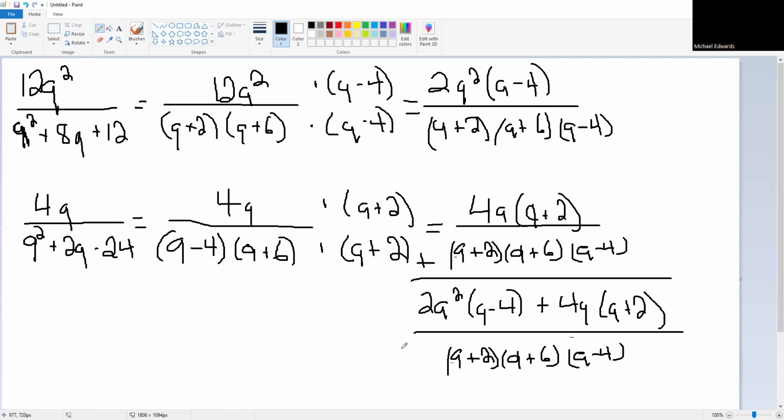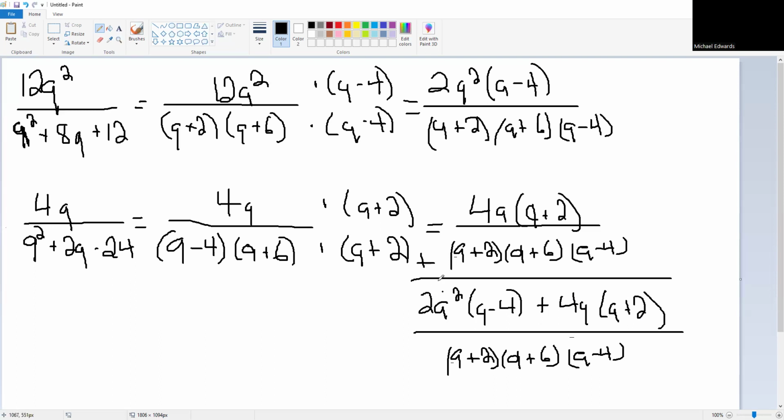Let me verify with the book. Okay, so they just expanded and simplified the top section. You can simplify the top section too, but what you would do is basically the distribution method.